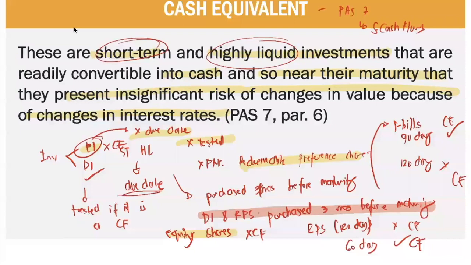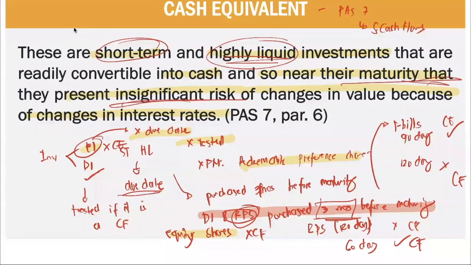That is your redeemable preference share. And take note of the key period. The key period here is it must be purchased 3 months before maturity. Where did we get 3 months? 3 months makes it highly liquid. And also, that is the maturity date in which there is insignificant risk of changes.